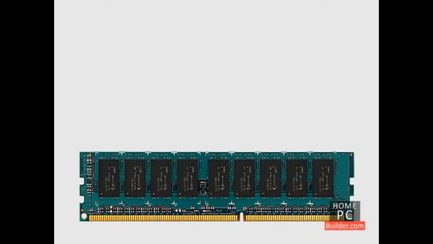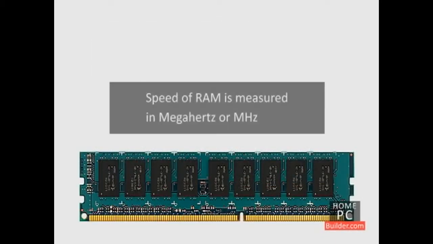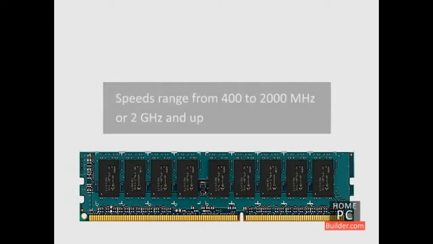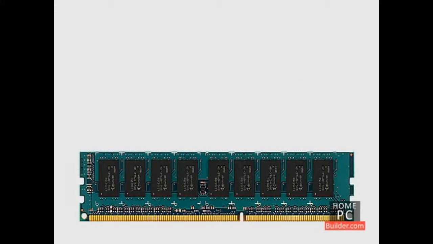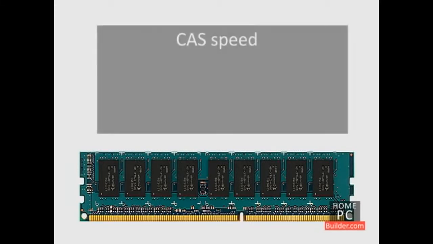The speed of the RAM is also important. The speed of memory is measured in megahertz, or MHz, and ranges from 400 MHz to 2000 MHz, or 2 GHz, and up. Generally, you should get the fastest RAM the motherboard you choose can handle. Another measurement of RAM speed is called CAS.